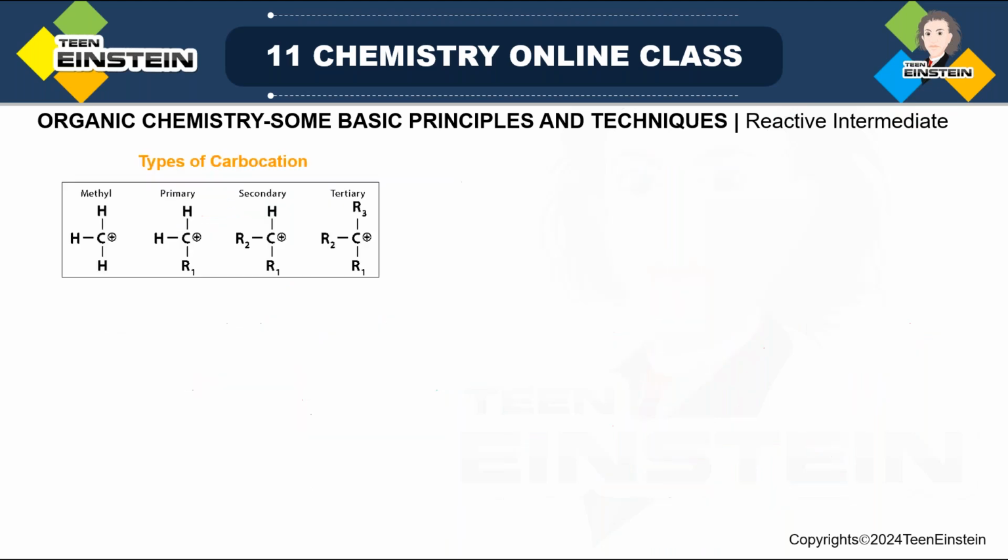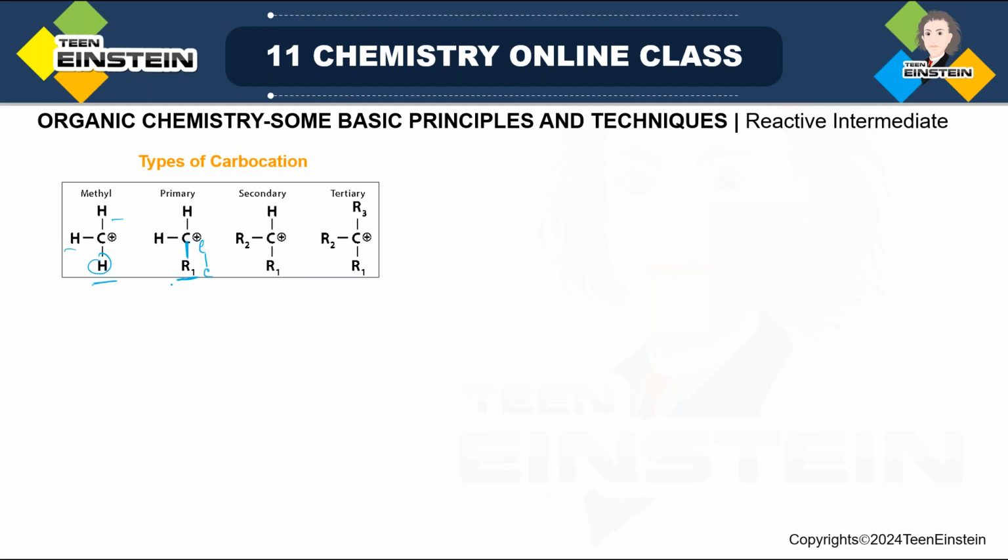Fine. Next we will see different types of carbocation. Here we have the most simple carbocation, when all the substituents are hydrogen. So it is simplest, and it is called methyl carbocation. Now if I replace one H with some alkyl group, it may be CH3, ethyl group, propyl group, whatever, then it will be called primary, because now you have one carbon-carbon bond.